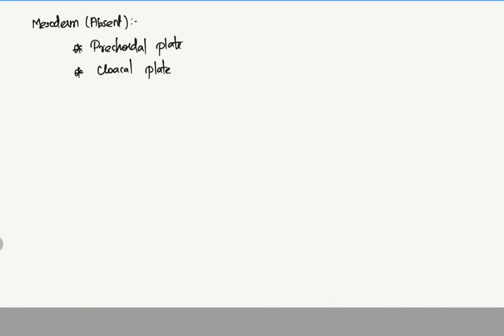Just more cephalic to the precaudal plate is the buccopharyngeal membrane. There also the ectoderm and endoderm are stuck together and there is no mesoderm. This membrane, the buccopharyngeal membrane, will develop into the mouth in the future.